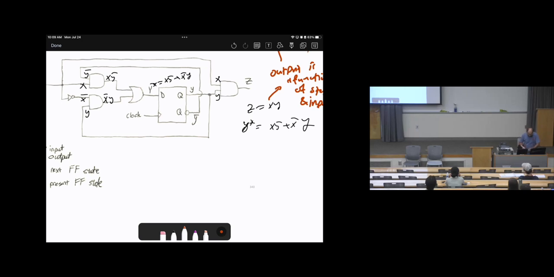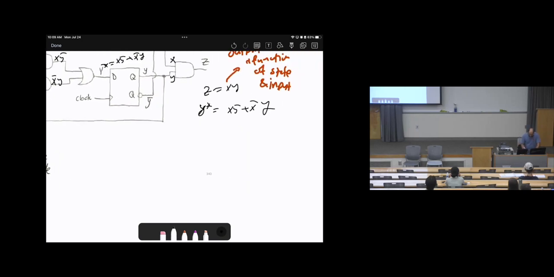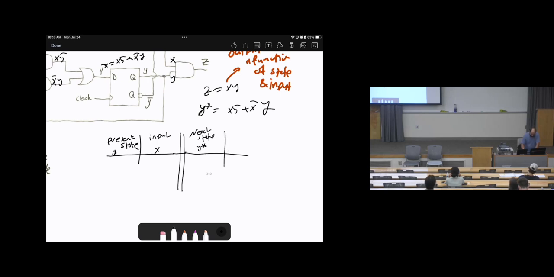There's an easier way, which is the generalized table, where we have the present state, as we did earlier, which is Y. Then we have inputs, which is X. Then we have the next state, which is Y star. Then we have the output, which is Z.